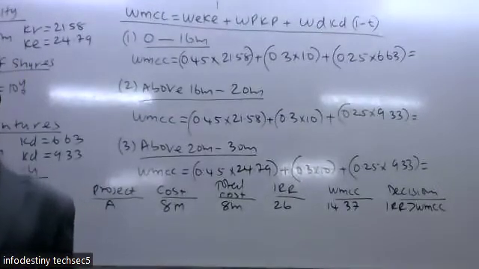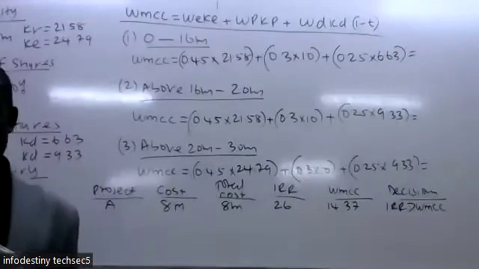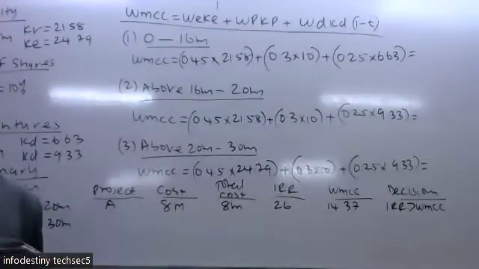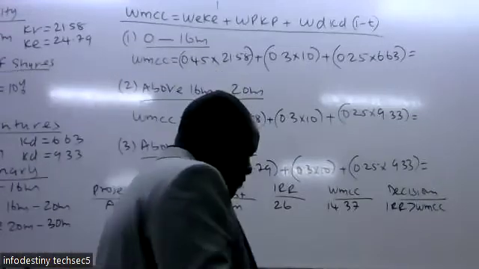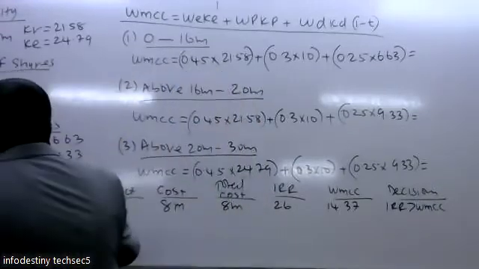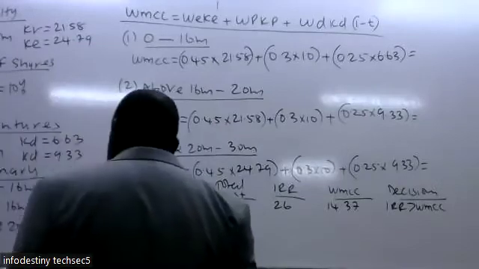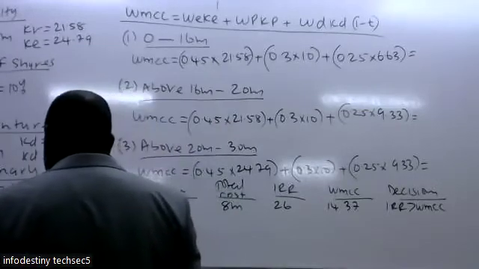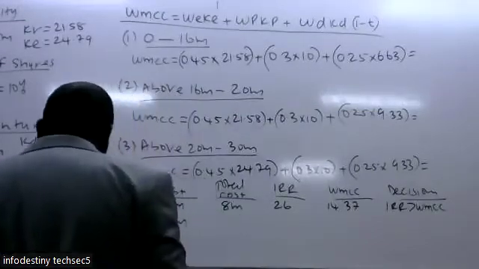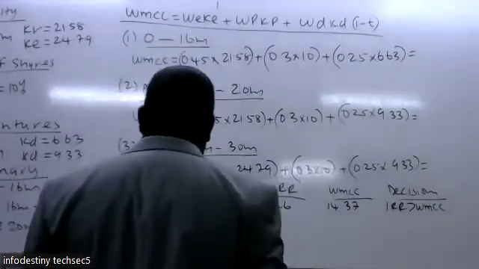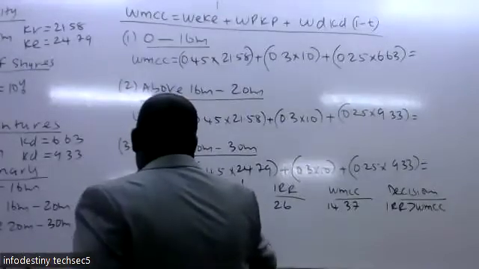Which one is the next round according to the IRR? So D is number 2. So that D, it has 6 million. So cumulative will be 14.